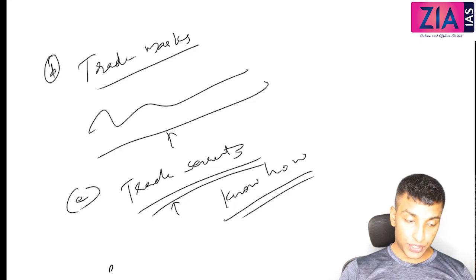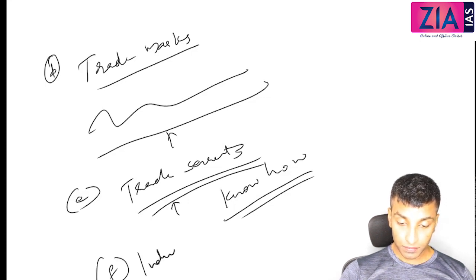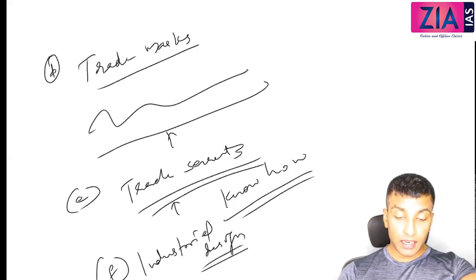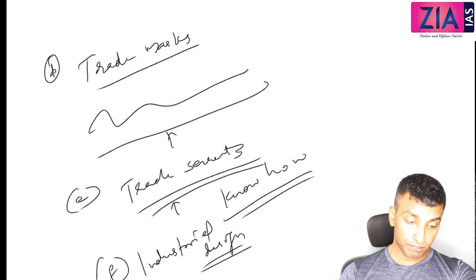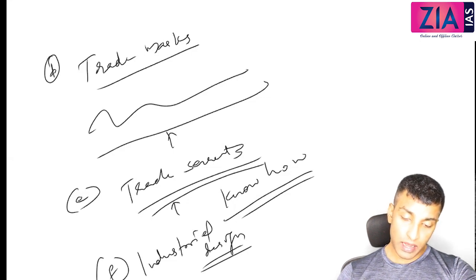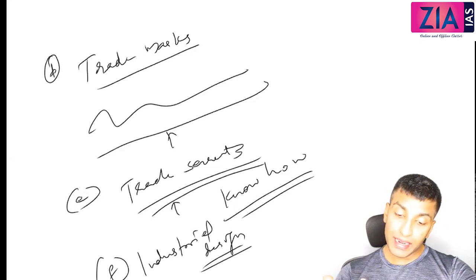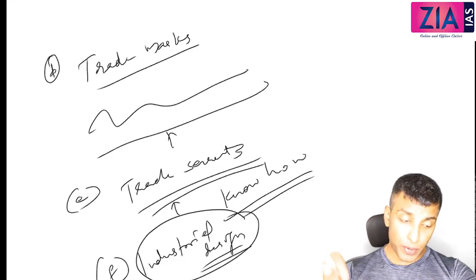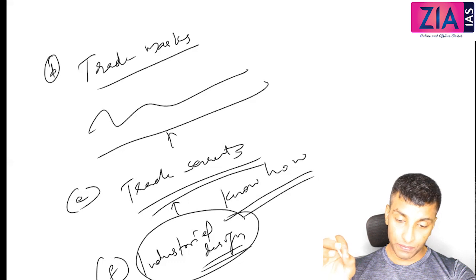Next one, industrial design. Industrial design. It covers articles like designs, bearing designs, shape, configurations, etc. So that's what design is, but not the product itself or not that article itself.